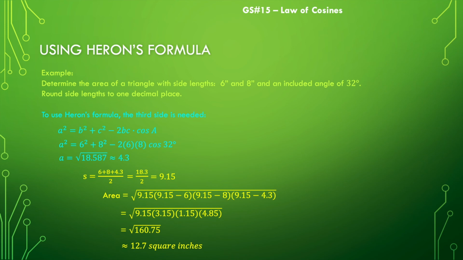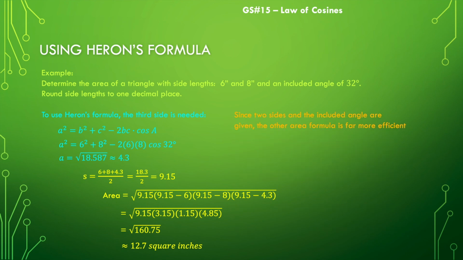So this is a little bit more involved when you've got to solve for the third side. Now, if we are smart, we may recall that the other area formula we knew from working with law of sines required us to have two side lengths and the included angle.